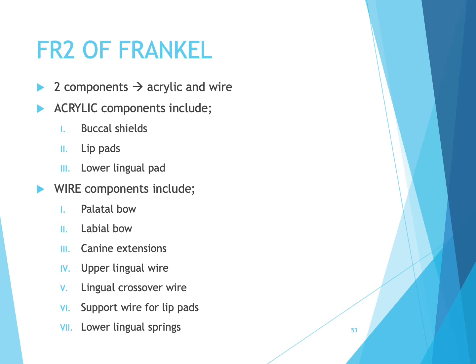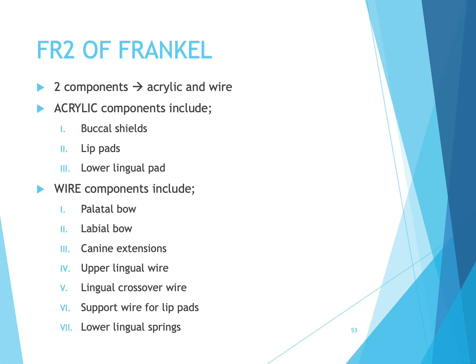Okay, now we will focus on FR2 of Frankel, which is the most commonly used appliance. It is used for treatment of Class 2 Division 1 and Class 2 Division 2 malocclusion. The FR2 consists of acrylic and wire components.